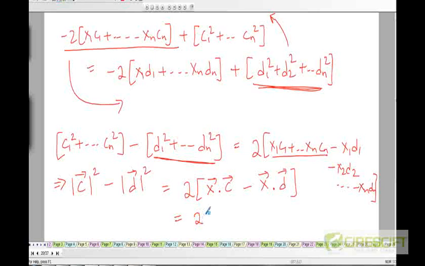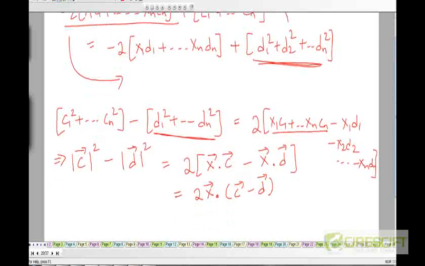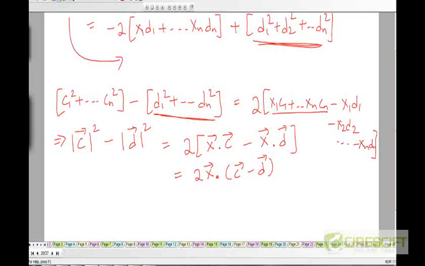So this can be represented as twice of x dotted with c minus d. Now, basically what we get at the end is x dotted with some constant vector.